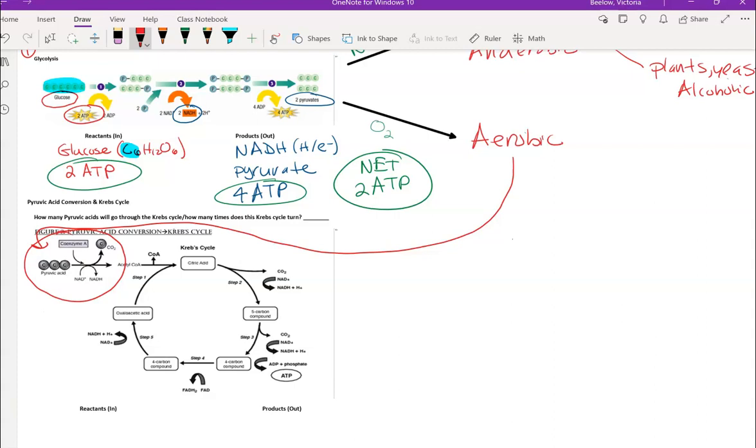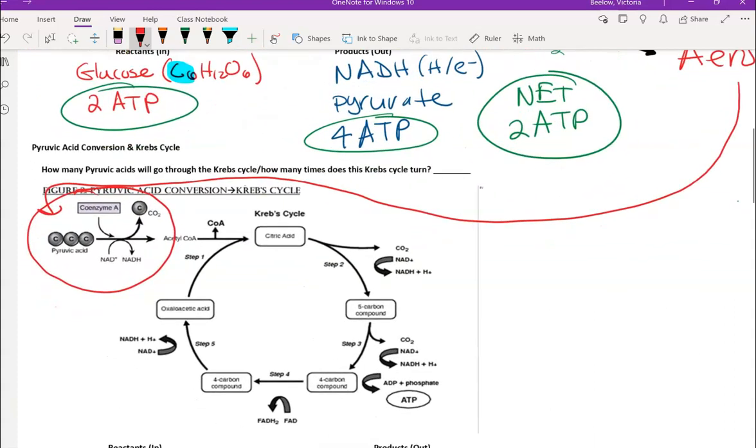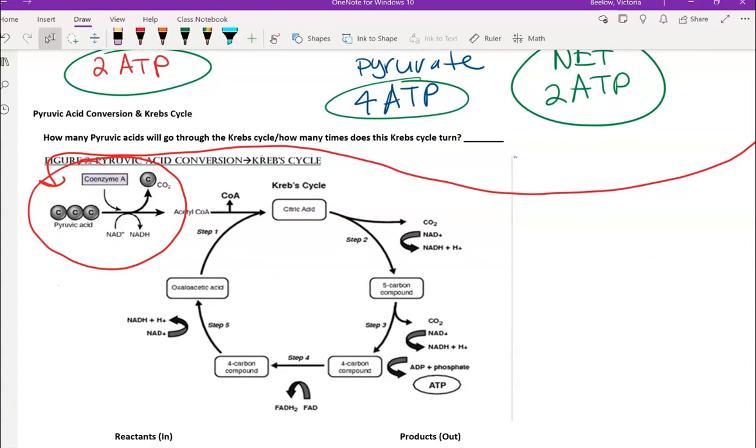Generally speaking, we do glycolysis, Krebs cycle, and then the ETC. And pyruvic acid conversion is like this baby step in between glycolysis and the Krebs cycle. So in pyruvic acid conversion, we're going to take the pyruvic acid or the pyruvate. This is also pyruvate, that means the same thing.